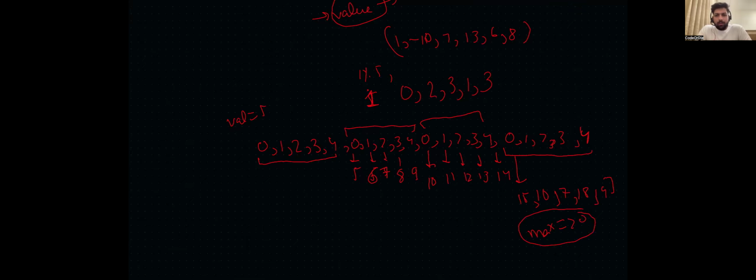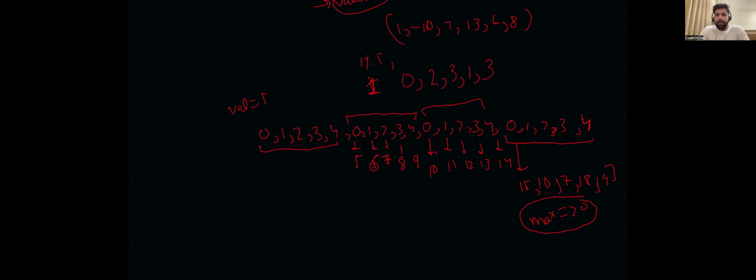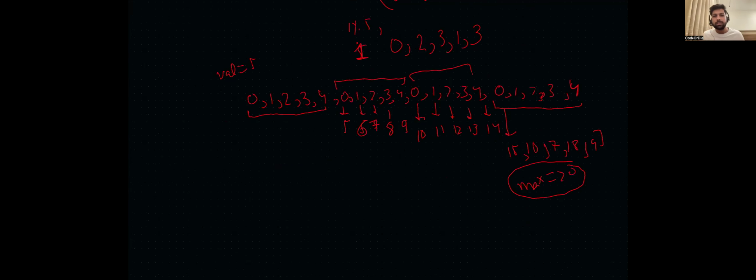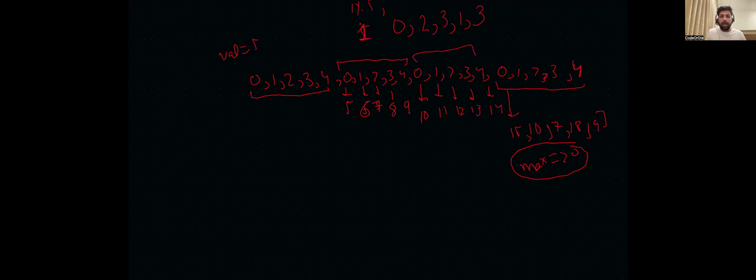So this is one thing that I told, and I think this is a big hint for this problem. Now I want to tell you one more thing. Let's say it was 0, 1, 2, 3, then again 0, 1, 2, 3, and so on, but the value was 5.